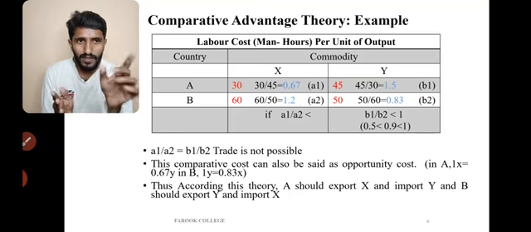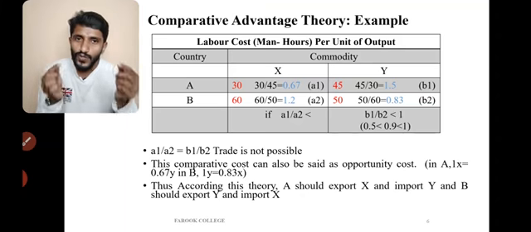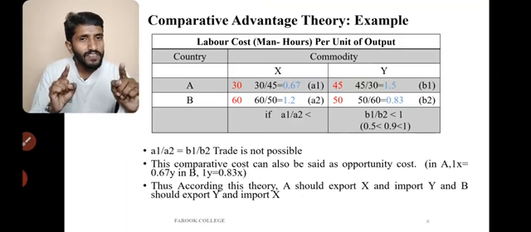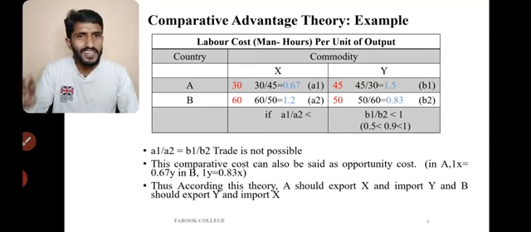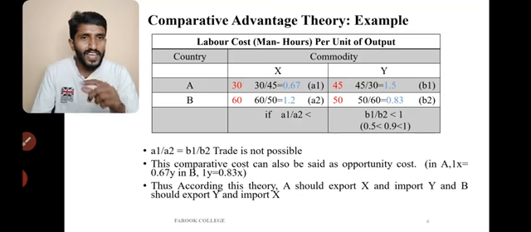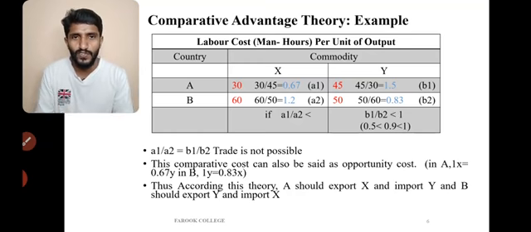So in a whole we can say that 0.5 is less than 0.9, less than 1. Then also, according to the comparative advantage theory, the trade is possible. But the trade is not possible when A1 divided by A2 is equal to B1 divided by B2. Trade will not be possible. So you can check with any example.